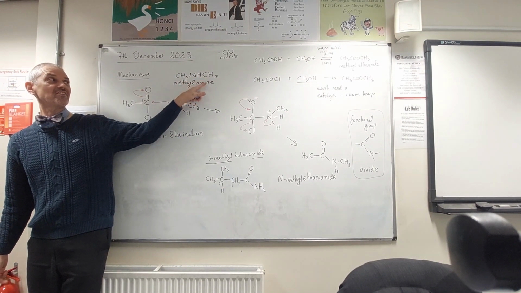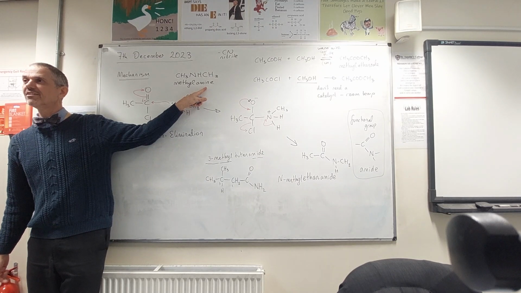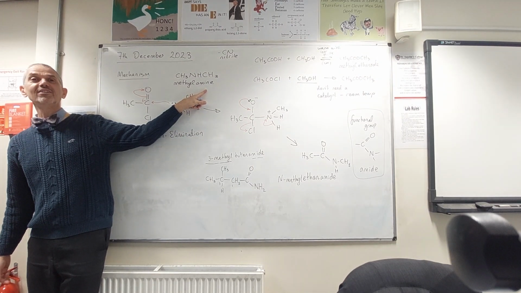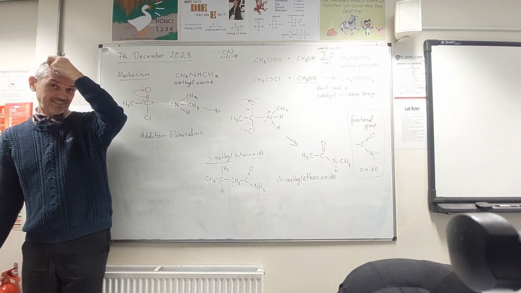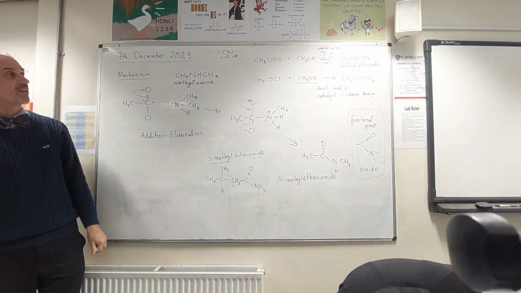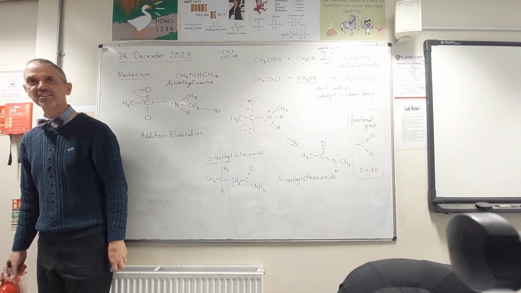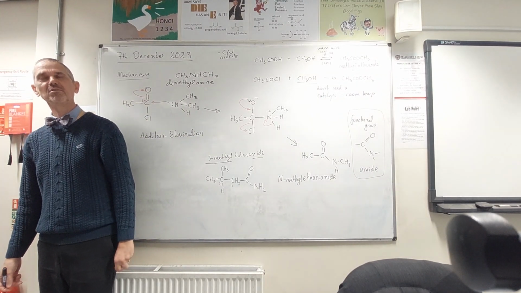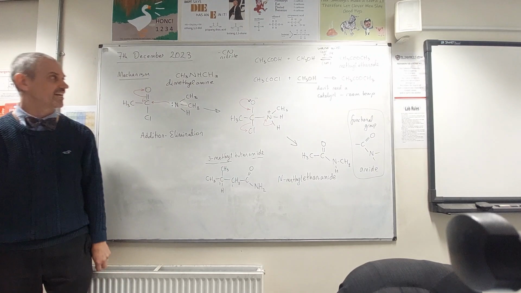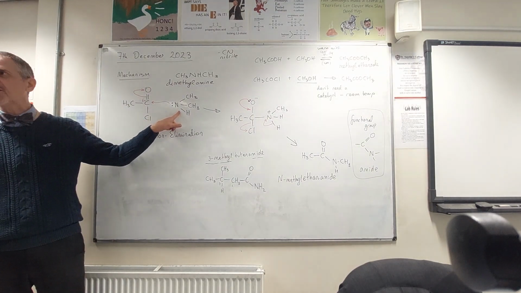I've just added another CH3. N-methyl. You could call it N-methylamine. It usually just goes down as dimethylamine because there's no other place to put the methyl group other than on the N. Okay, so we've now got dimethylamine.